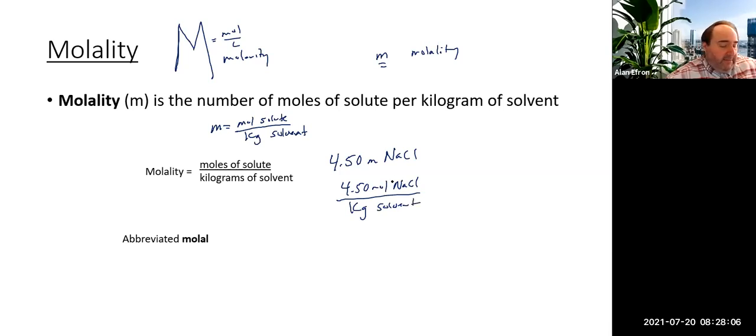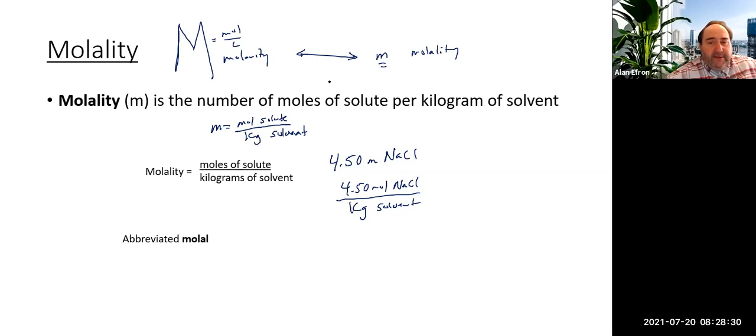That's a common unit. It's used, as we will see in a later chapter, in what's referred to as colligative properties. It uses this concentration unit a lot, so it will definitely pop back up. So don't get those confused. Molarity, big M, moles per liter; molality, little m, moles per kilogram of solvent.